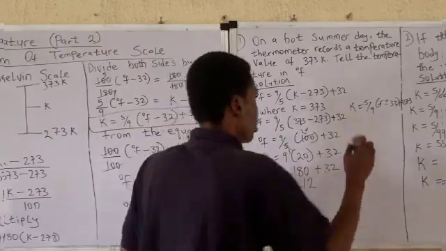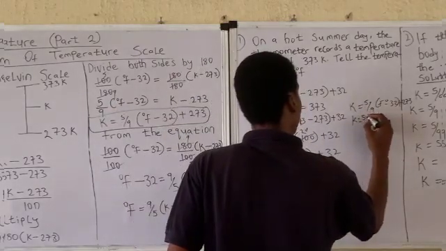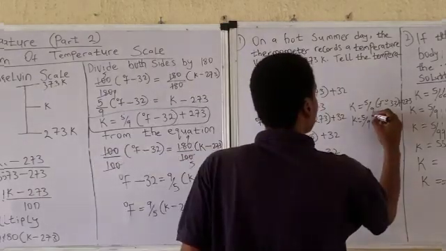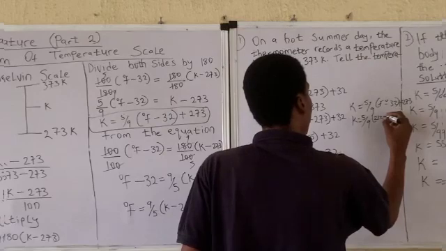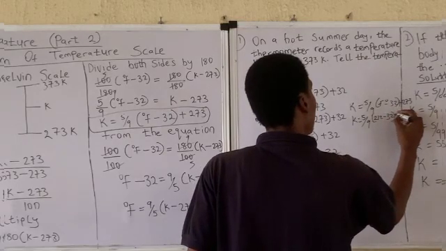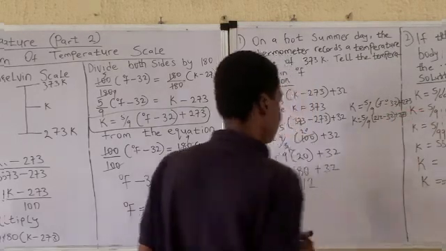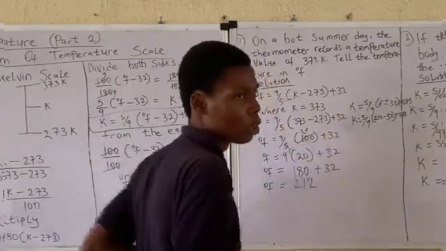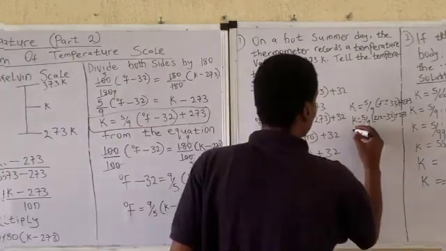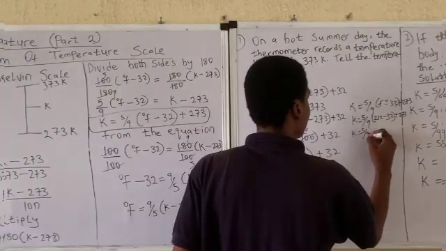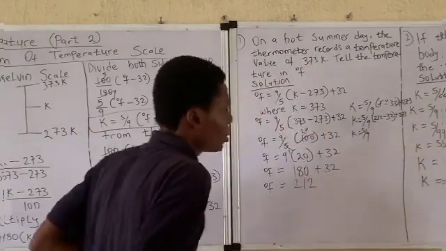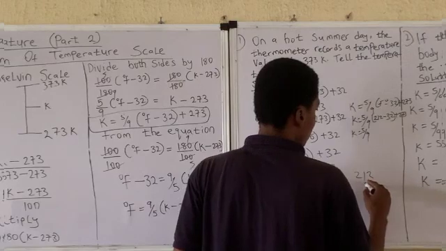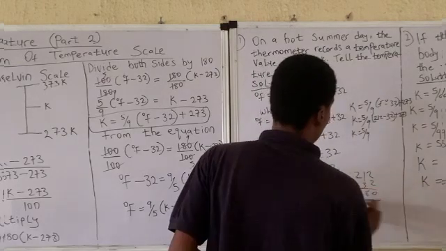Now Kelvin equal to 5/9. What is our Fahrenheit? Our Fahrenheit is 212. In bracket, 212 minus 32, plus 273. Now what do we do next? We first deal with the one in bracket. So our Kelvin equal to 5/9, subtract 32 from 212, we have 180.